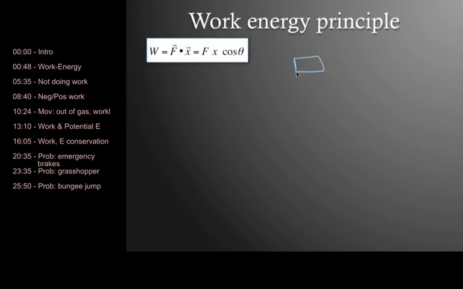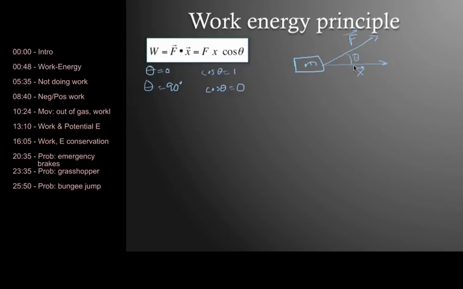So if here is an object M and it's moving some displacement x, we're applying some force F, then the angle is this angle between the two of them. You can see pretty clearly here, if theta is 0, then cosine theta is going to give you 1. If theta is 90 degrees, then cosine theta is 0.